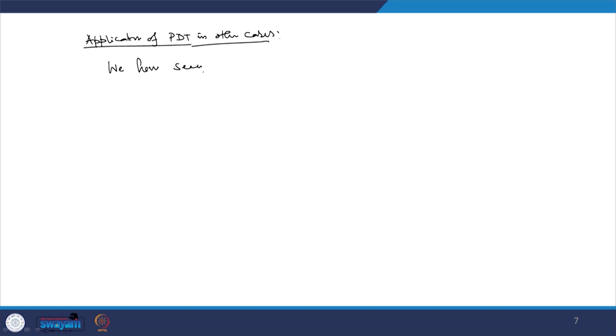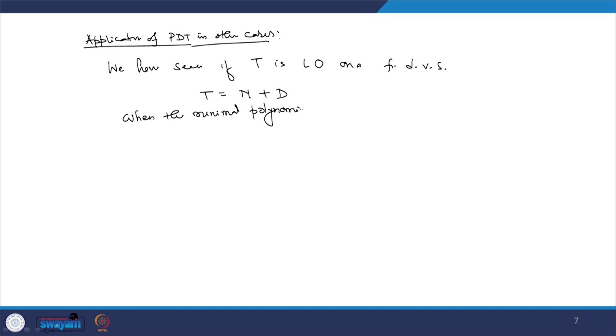We have seen if T is a linear operator on a finite dimensional vector space, then T can be written as the sum of a nilpotent operator N plus a diagonalizable operator D. T can be written as N plus D. This we have obtained from the primary decomposition theorem when the minimal polynomial of T is a product of linear factors.